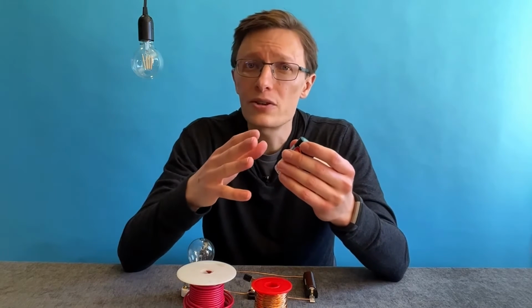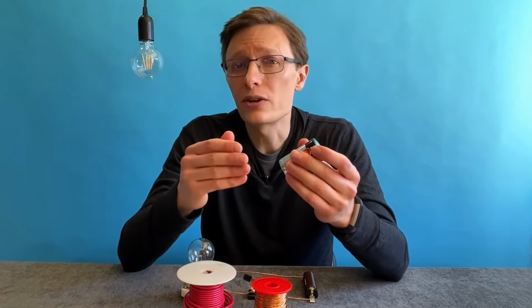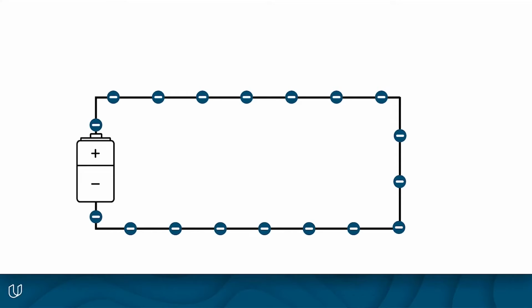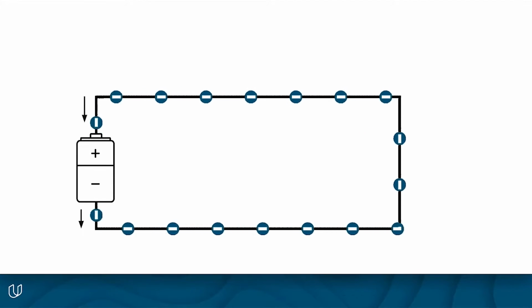Remember, opposite charges attract, while like charges repel. So the positively charged end of the battery will pull electrons toward it, and the negatively charged end of the battery will push electrons away from it. And the result is that we'll start to get a flow of electrons through the copper wire.